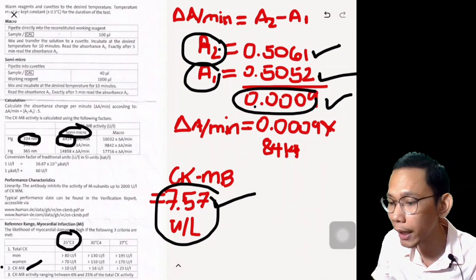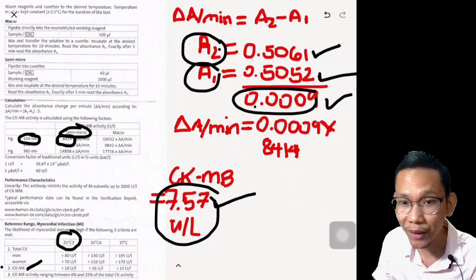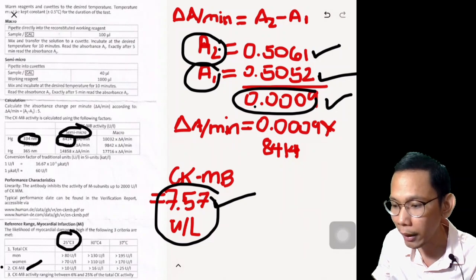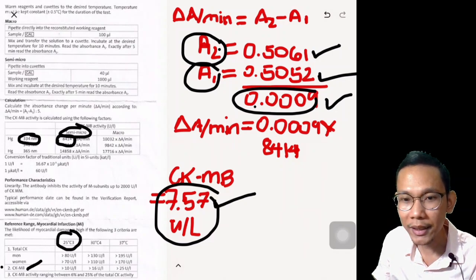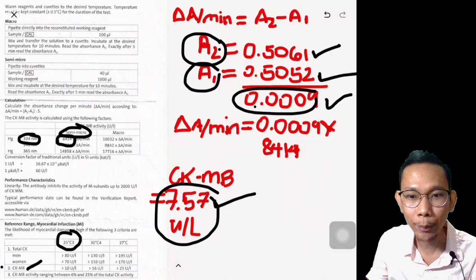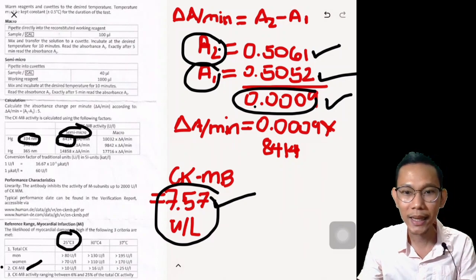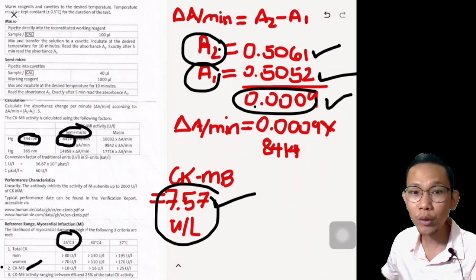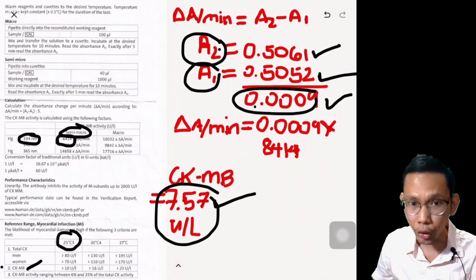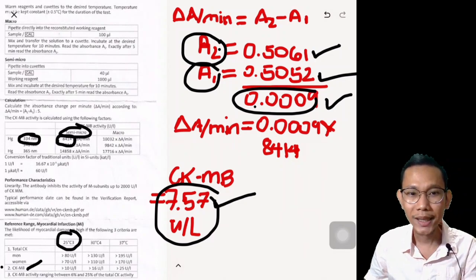However, for our patient, the value was only 7.57, which is less than 10 U/L, meaning our patient has a normal CKMB. So basically, this is how you compute for the value of your CKMB.